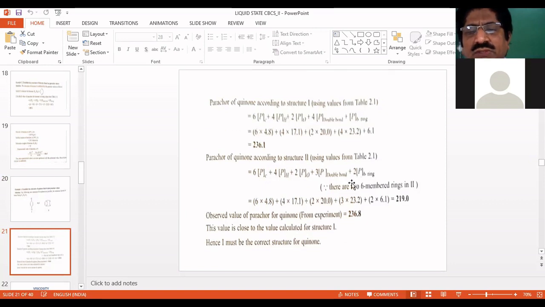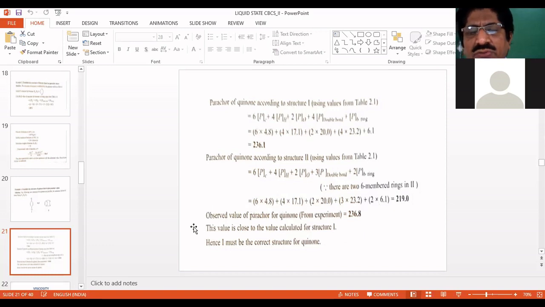Total calculated value for structure 1 is 236 and for the second it is 219.